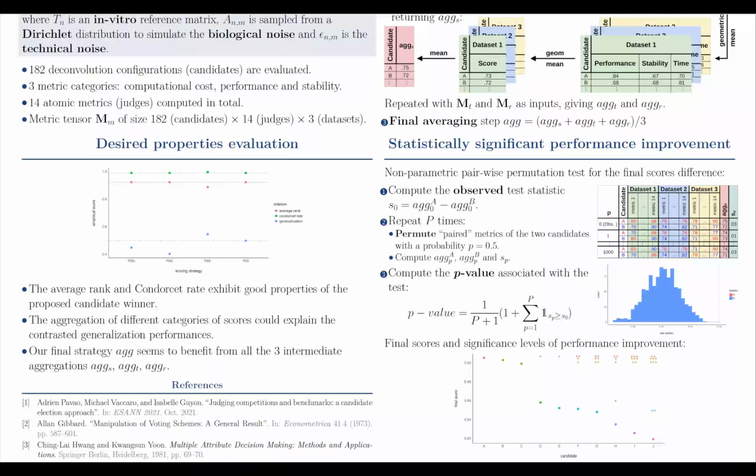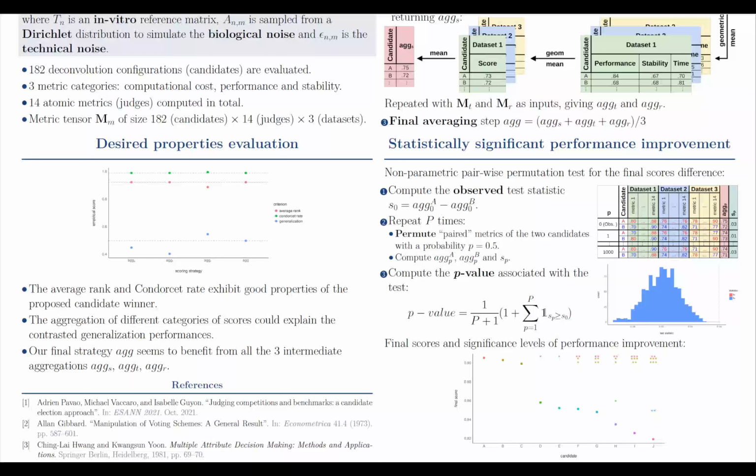For our intermediate aggregations, so the 3 on the left of the graph, and the final one, the one on the right, we see that the final one seems to benefit from all the intermediate ones, since it retains the good properties of the proposed winner, as shown by the average rank and the Condorcet rate, while exhibiting a compromise on the generalization similarity. Finally, we want to be able to assess the statistical significance of performance improvement between pairs of candidates.